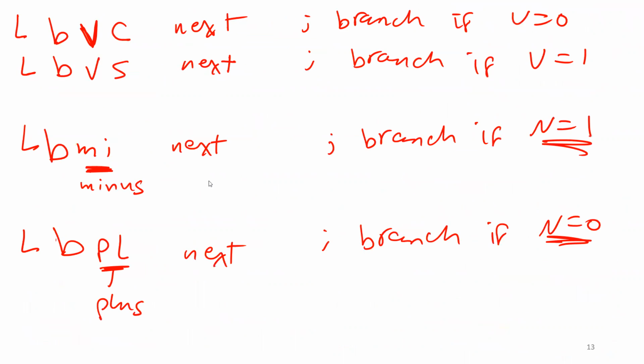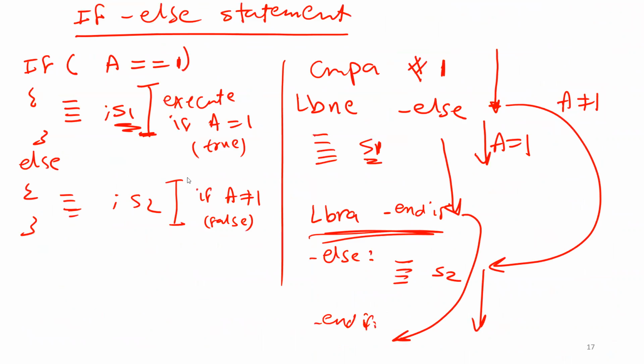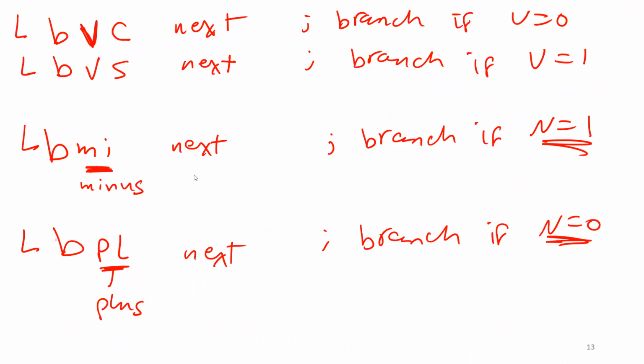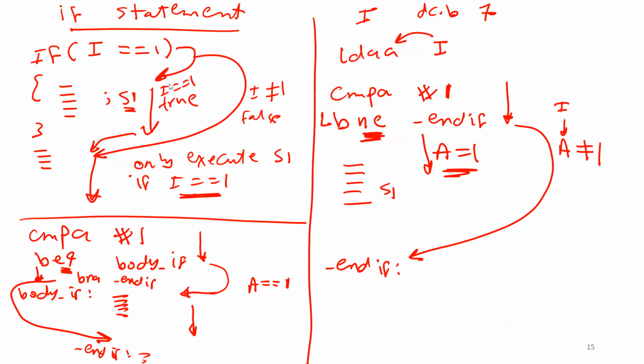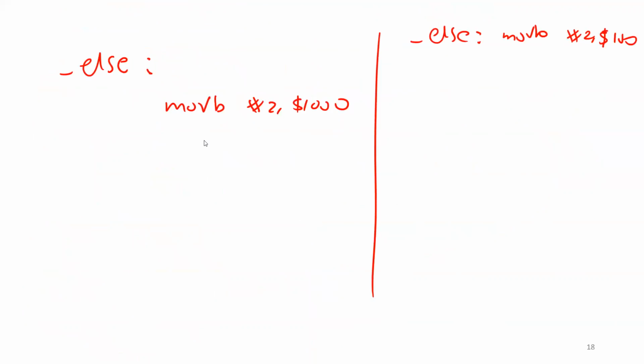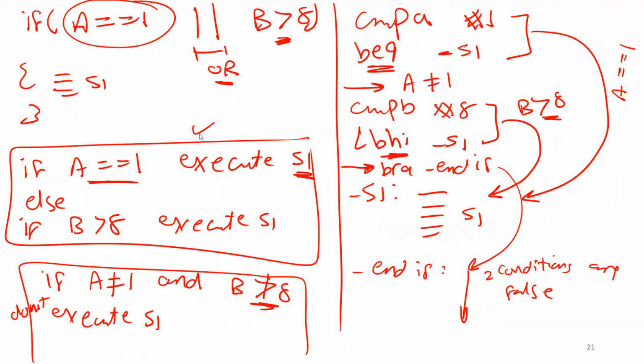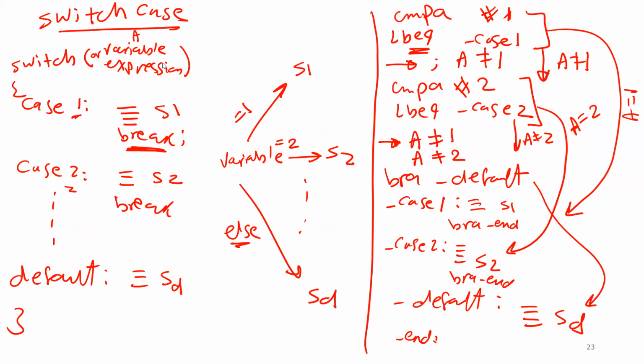Okay, so here I explained different instructions we have for branch. And then I explained how we can use compare and branch instructions in order to make some of the very common statements in any programming language. Like, for example, if statement, also if else statement, and conditions like if else if, switch case, and so on.